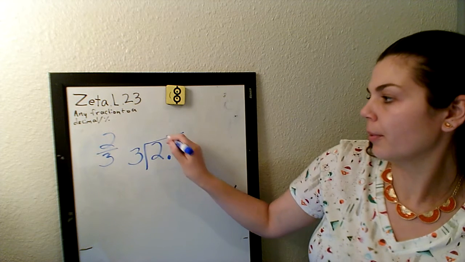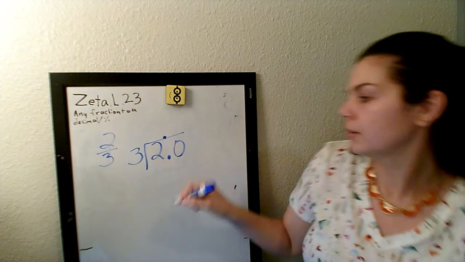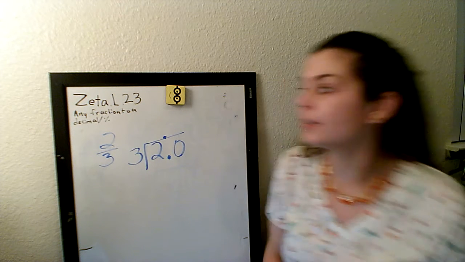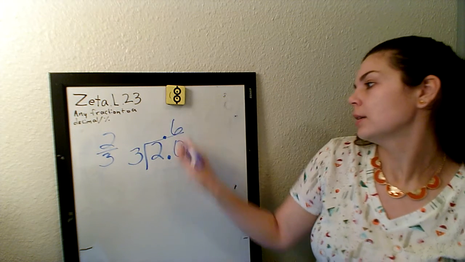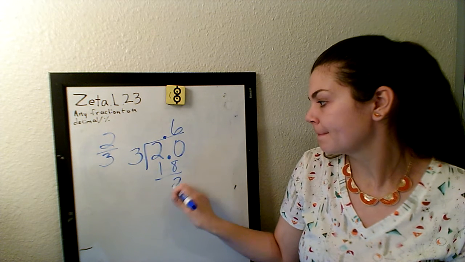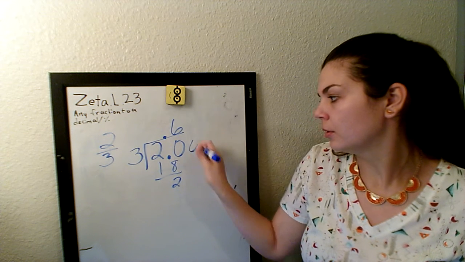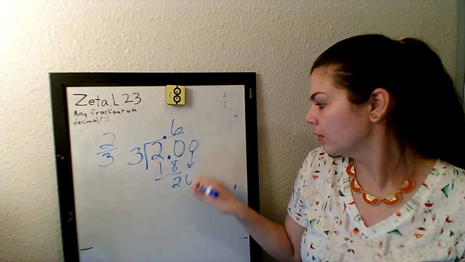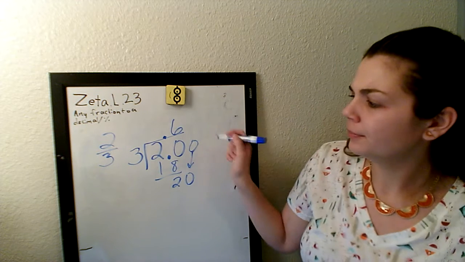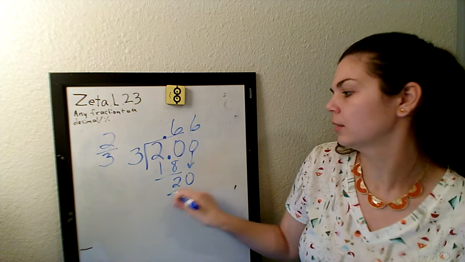None. Put my point, 0. How many 3's go into 20? 3 times 6 is 18. 2. Drop my 0. Oh, 20 again. 6.